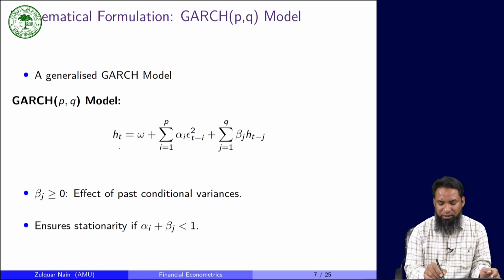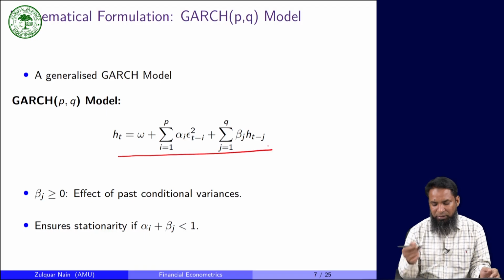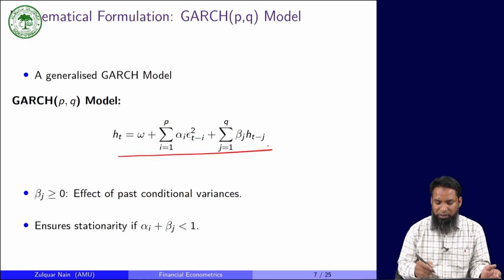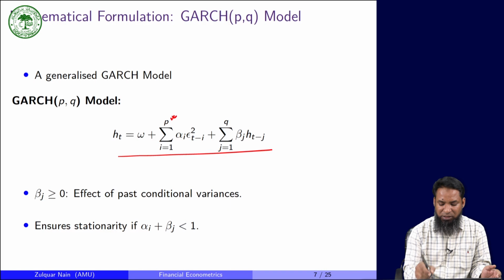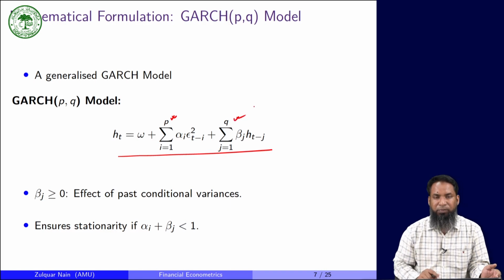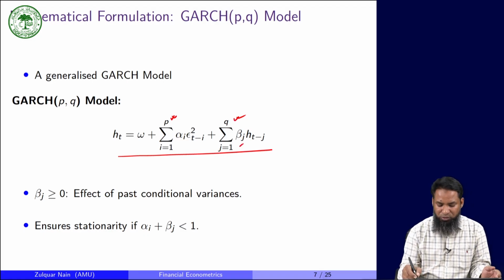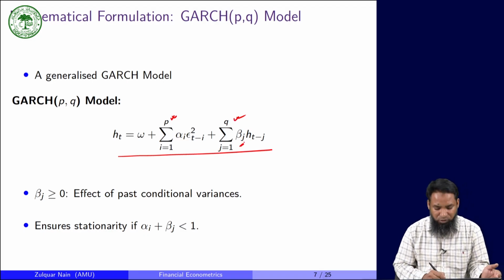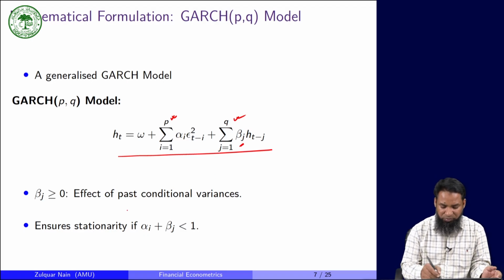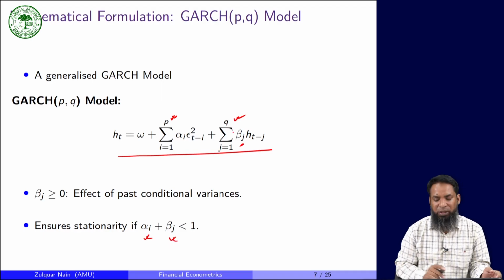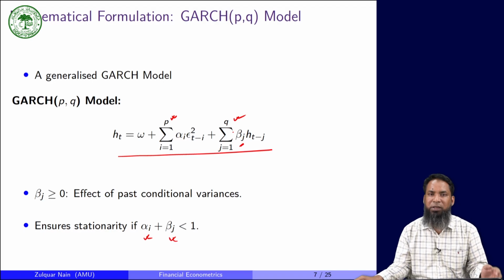So here we can formulate a GARCH(p,q) model, with p ARCH terms and q GARCH terms, where we have a non-negativity constraint, beta j should be greater than or equal to 0, for the effect of the past conditional variance. And on the other hand, the sum of alpha i and beta j is less than 1, which basically ensures that the variance equation does not explode and it is stationary.